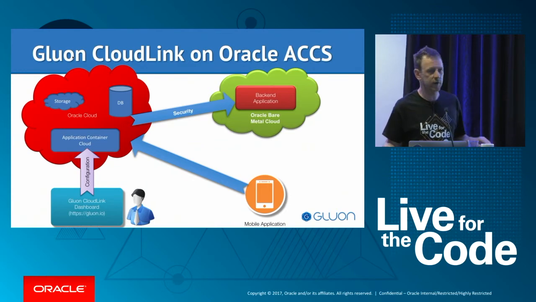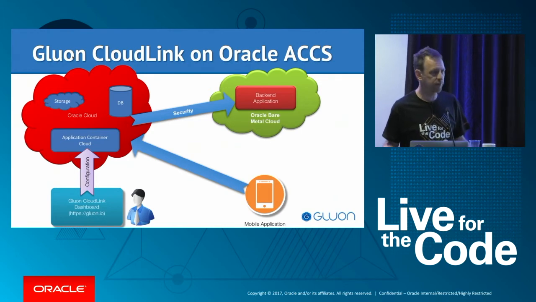We have Gluon CloudLink running as a SaaS solution, where it runs on AWS, but you can also use the Oracle Application Container Cloud to have that middleware specifically installed in your environment. And doing so, you're completely safe. At least, you don't share resources with other customers.